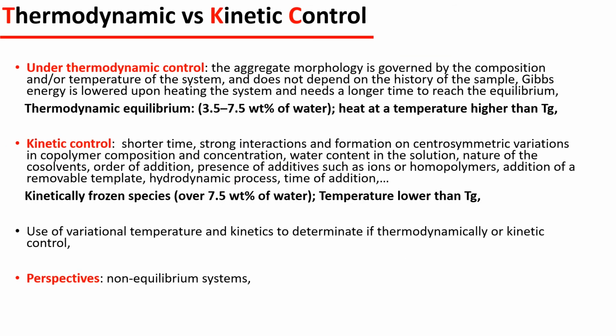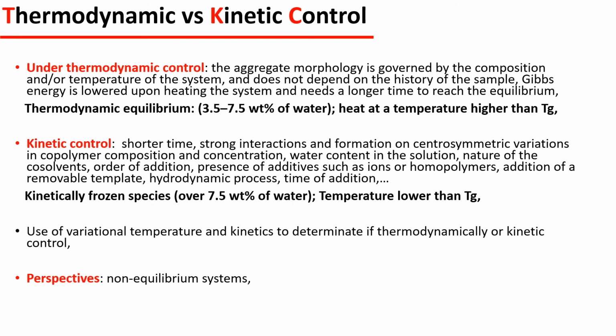The self-assembly process can be under thermodynamic or kinetic control. To favor self-assembly under thermodynamic control, it's very important to add 3.5 to 7.5% of water, to work within this range of water in the solution, and also to heat at a temperature higher than the Tg.